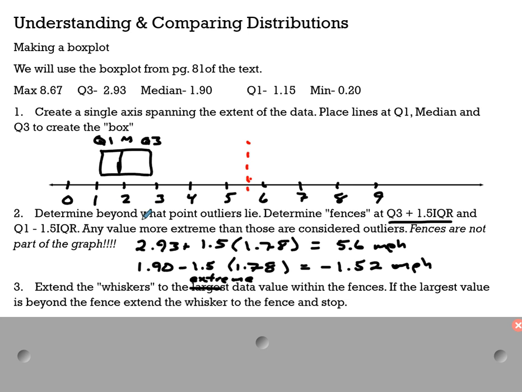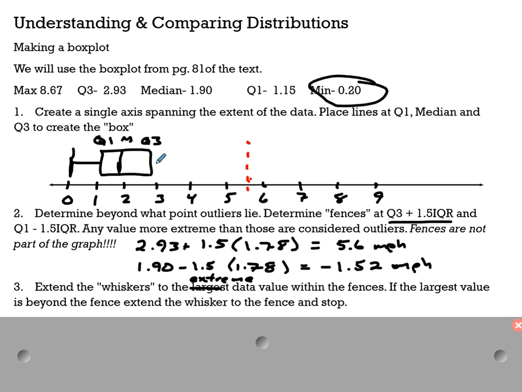It's the most extreme value. On the low end, the minimum value falls within the fence, so it's not an outlier. We're going to extend the whisker to just a bit above 0.